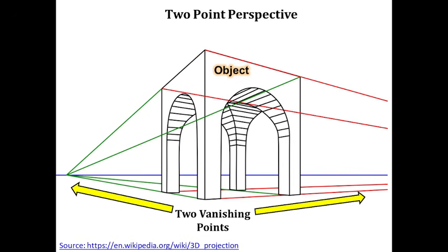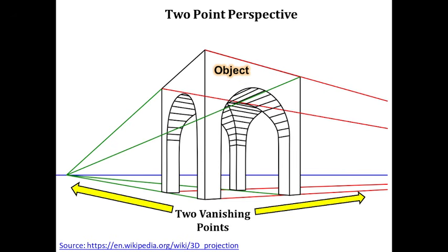The vertical edges of the object remain vertical, while the horizontal edges receding in two different directions gradually converge towards their respective vanishing points. This creates a more realistic representation of the object, especially when it is viewed from an angle.